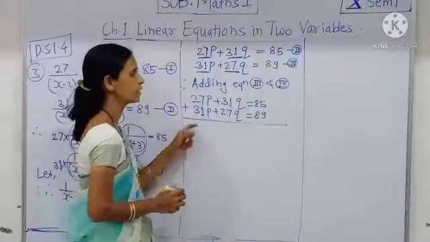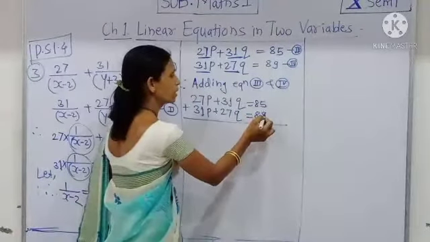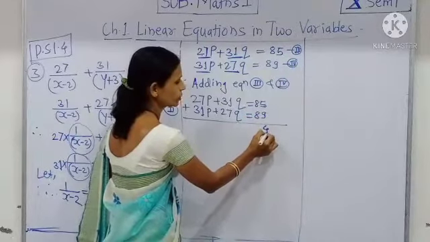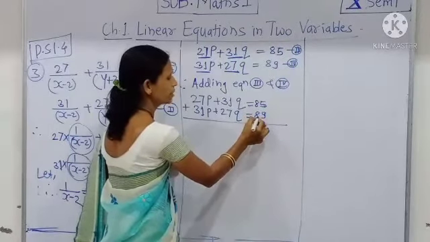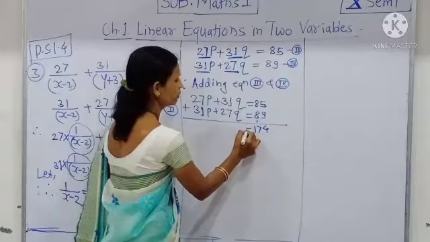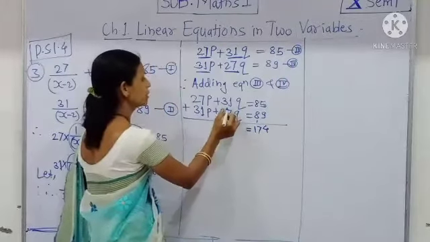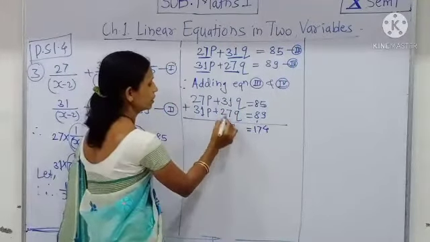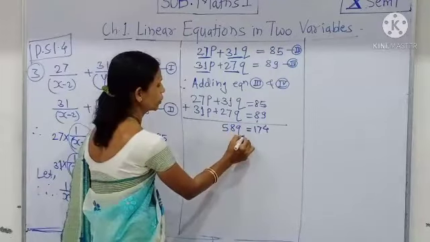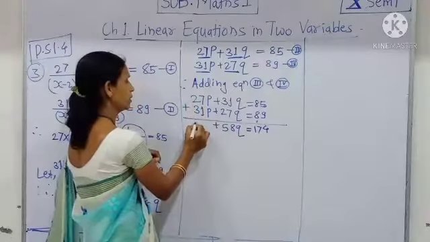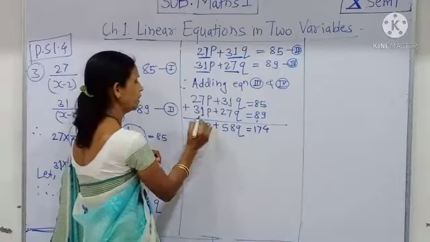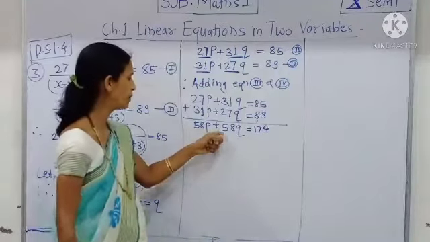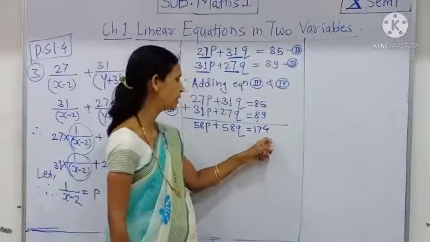Addition should be there. Therefore, 9 plus 5, 14, 8 plus 8, 16, 1, 17. Then 31 plus 27, that is 58q, and here 58p, that means here 58p plus 58q is equals to 174.